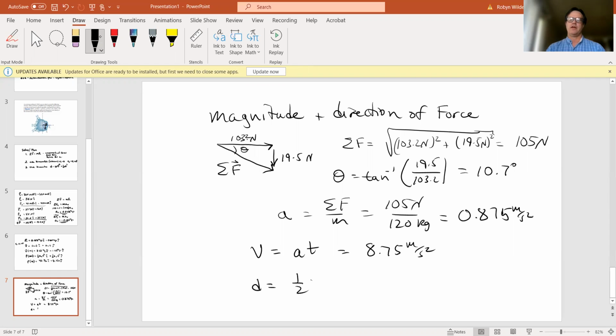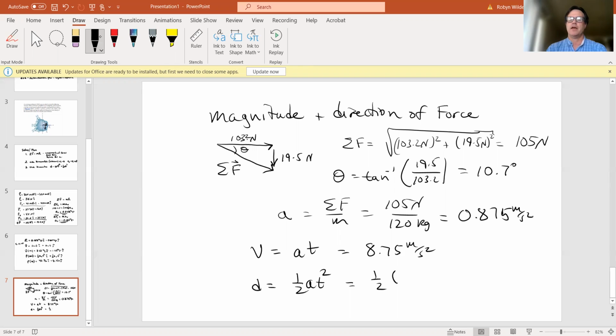What about our distance? Well, use 1/2 a t squared. If you do that, you should get, well, I didn't actually calculate it, it looks like. But you will end up getting the distance at 10 seconds.